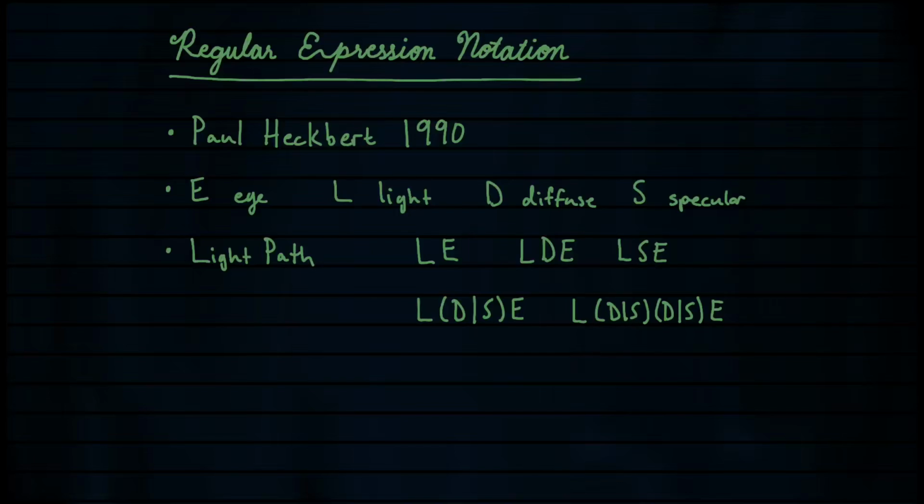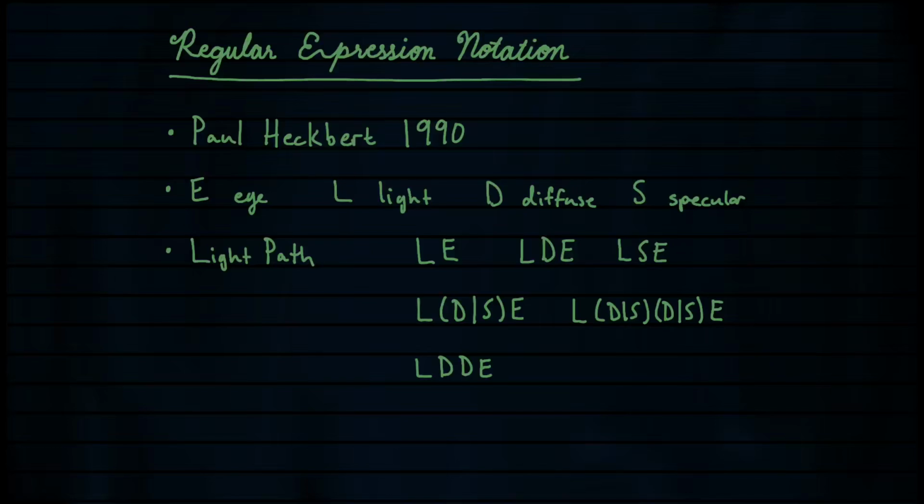Some renderers, like Radiosity, might only consider more diffuse surfaces. So we might say that they consider light, diffuse surface, and then the eye.